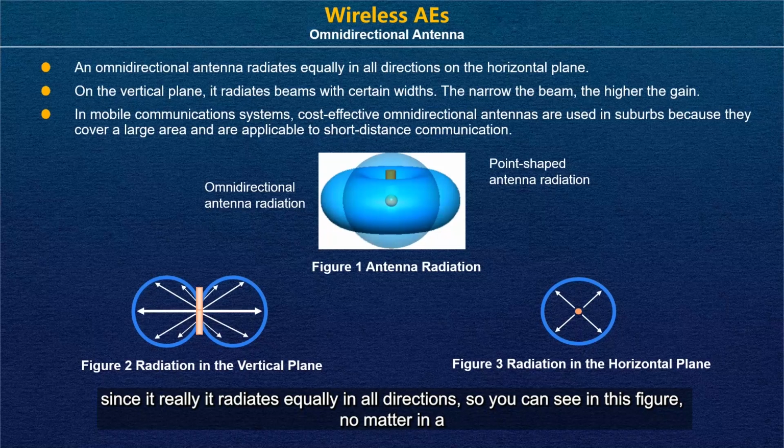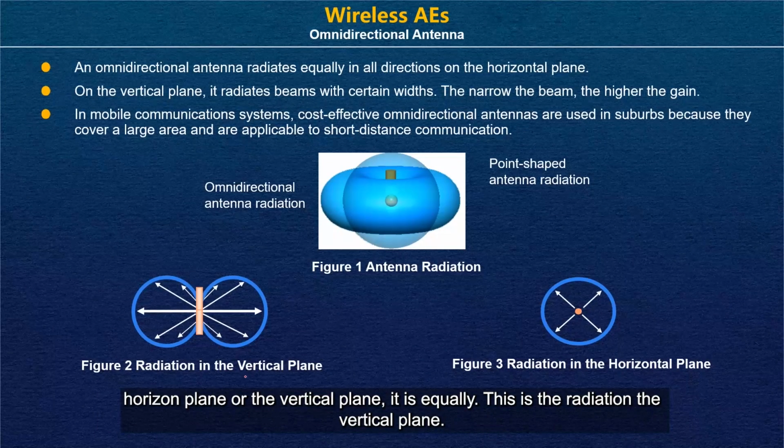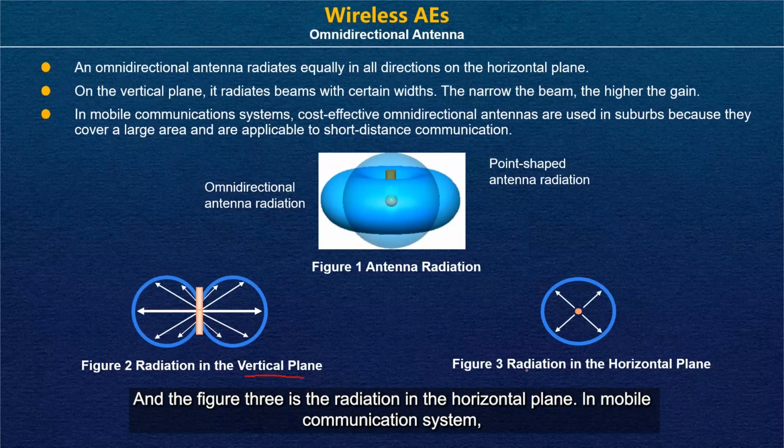Firstly, let's see the omnidirectional antenna. Since it radiates equally in all directions, you can see in this figure, no matter in the horizontal plane or the vertical plane, it is equal. This is radiation in the vertical plane, and figure 3 is radiation in the horizontal plane.